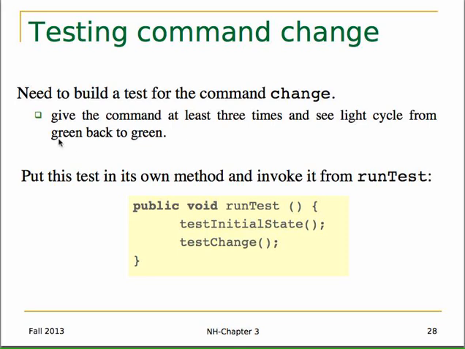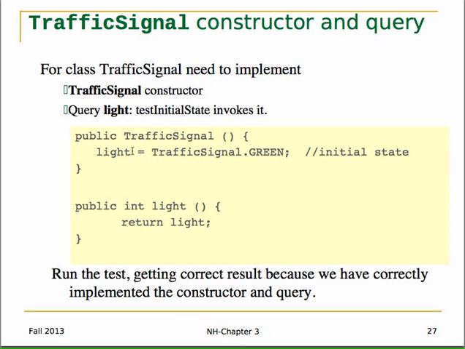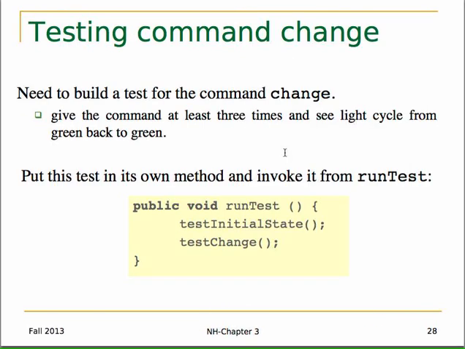Remember, it starts out with green. We decided to make our constructor for traffic signal set the light to green first. So without doing anything, we test the initial state, it should be green.